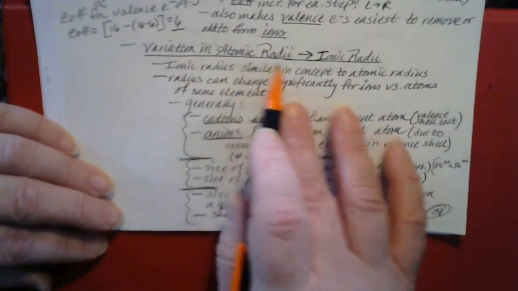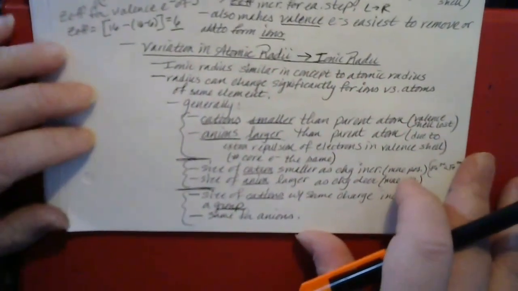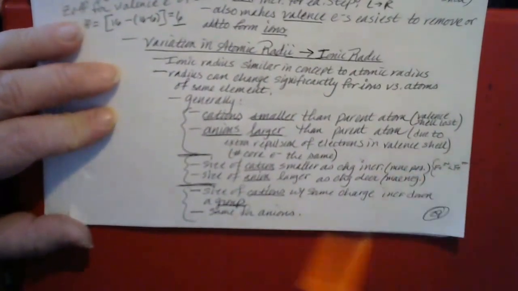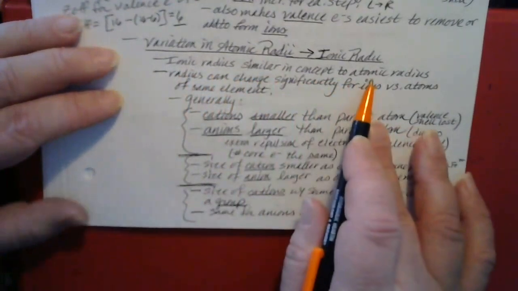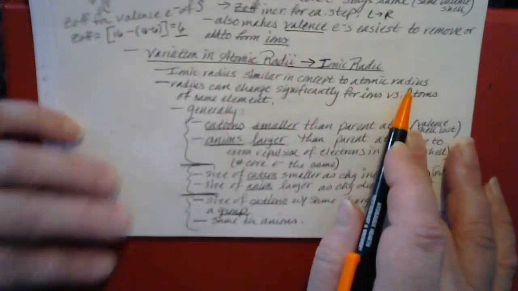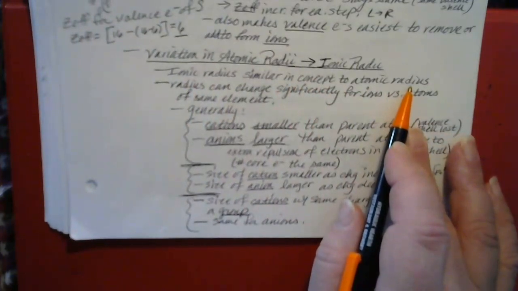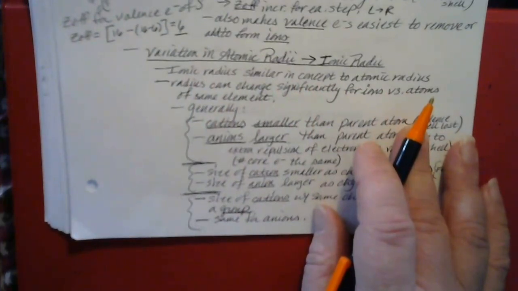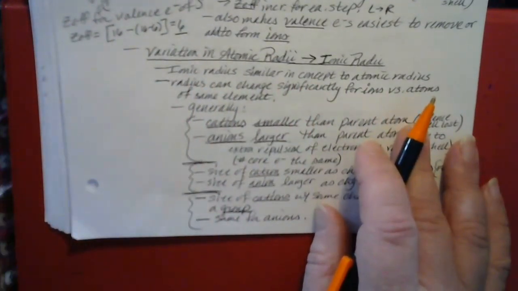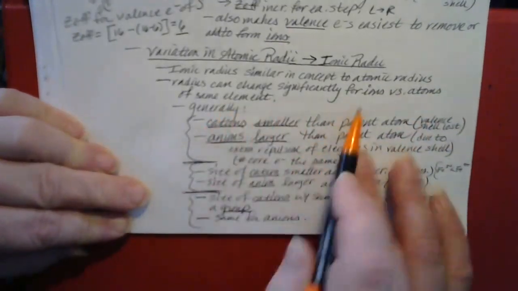when you take an atom and turn it into an ion, its size usually changes, sometimes quite a bit. So the ionic radius is similar in concept to atomic radius, but basically it's half the distance between the nuclei of two atoms that are involved in the bond when they happen to be ions. But the number for any given element will usually be quite different.